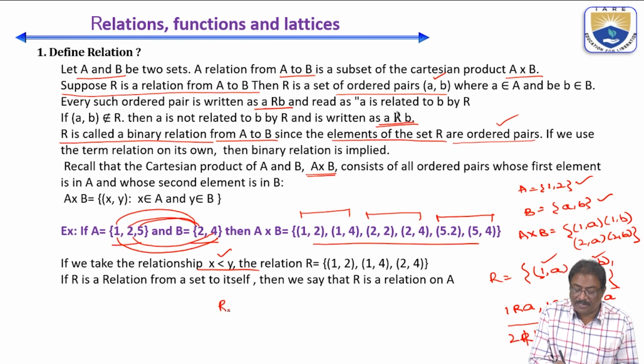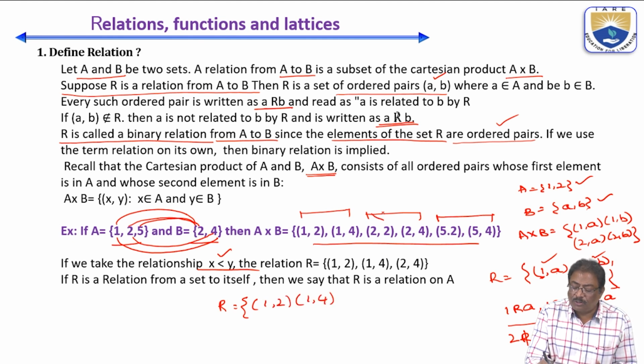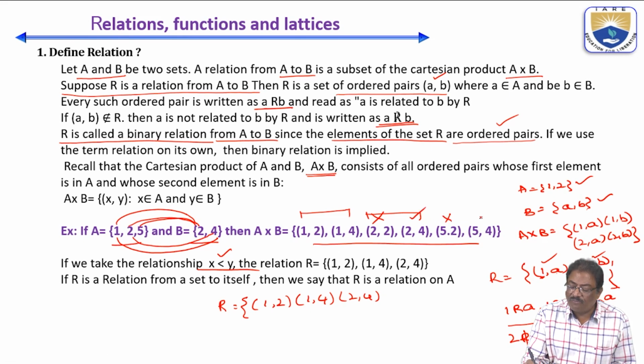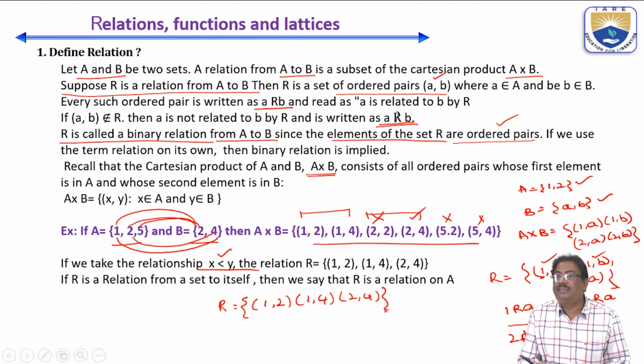So R is: (1, 2), (1, 4), and (2, 4), where the first element is less than the second. I am not going to consider (2, 2), (5, 2) and (5, 4). So this is R.